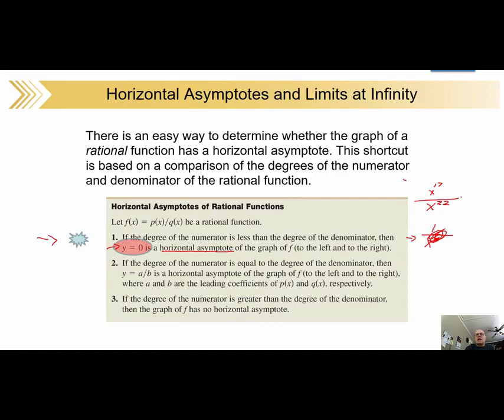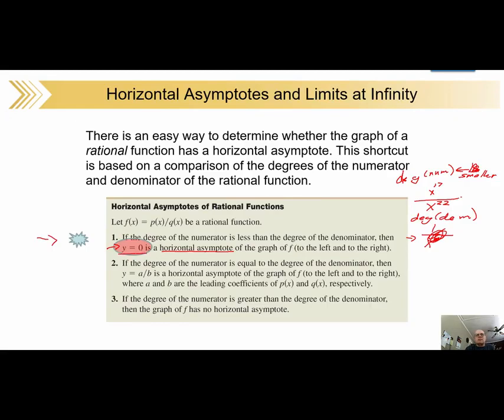What's the degree of the numerator? And what's the degree of the denominator? If the one on top has a smaller degree, then your horizontal asymptote is y equals 0.